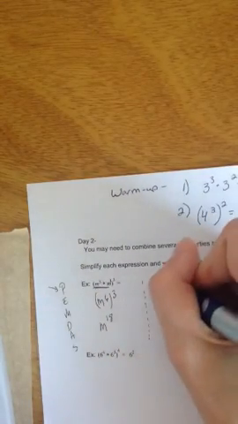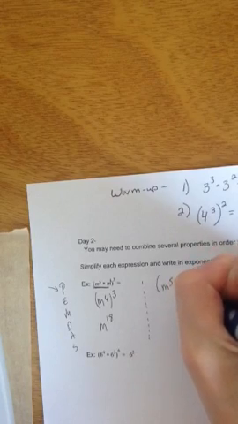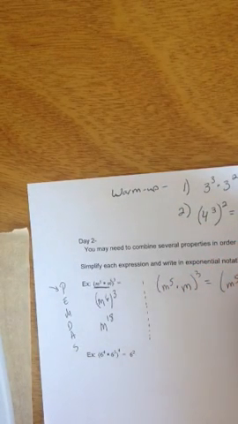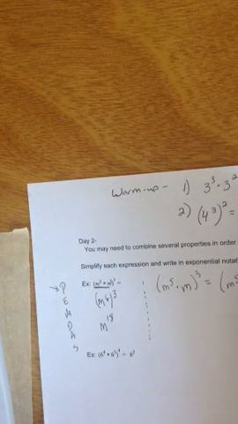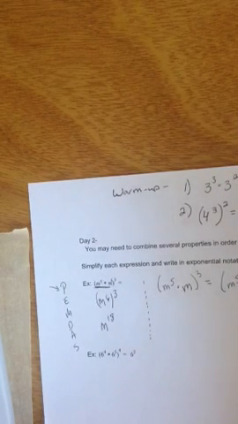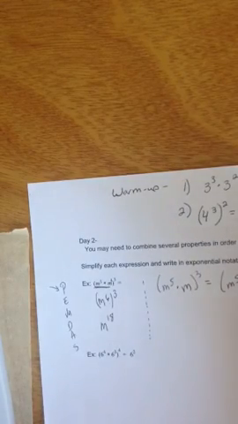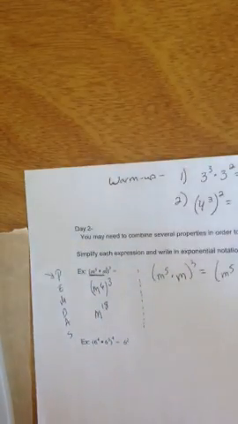Another way to think of it, if you don't like that way, though that's probably the quickest way to get your answer. I'm going to rewrite my problem, m to the 5th times m cubed. What that really means is m to the 5th times m to the 5th times m to the 5th times m. There are invisible multiplication symbols between all those. Oh, you guys can't see that, I'm sorry. So I just wrote that 3 times.